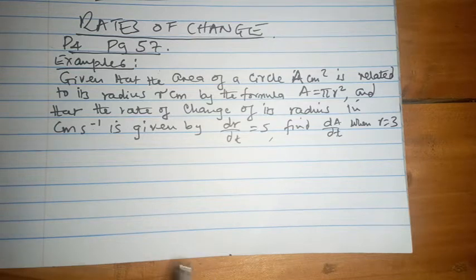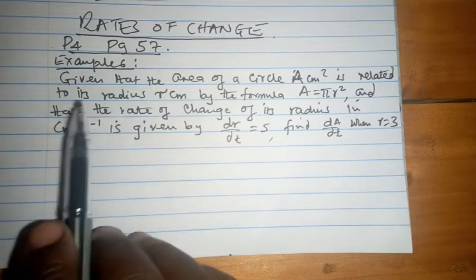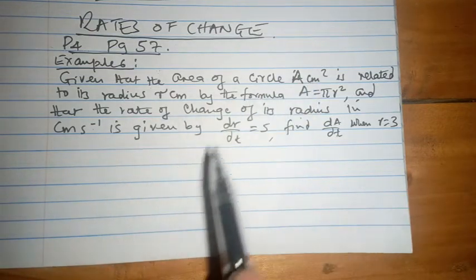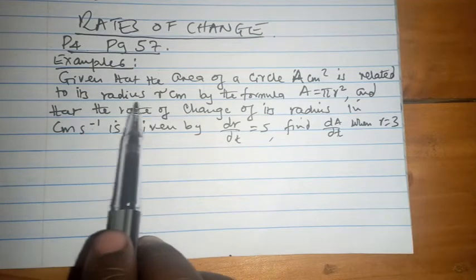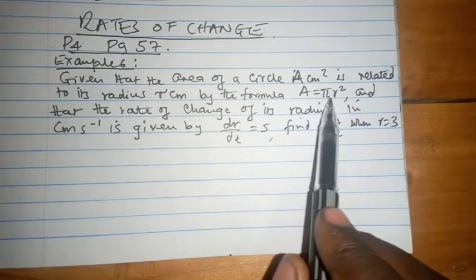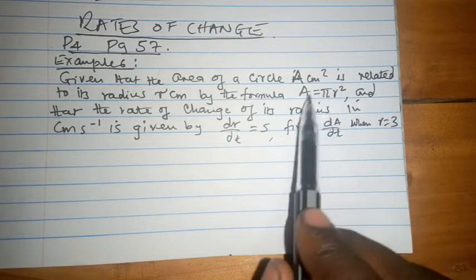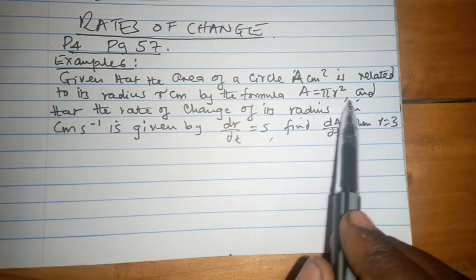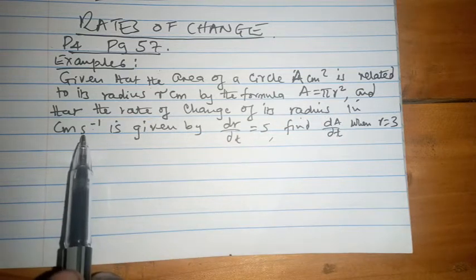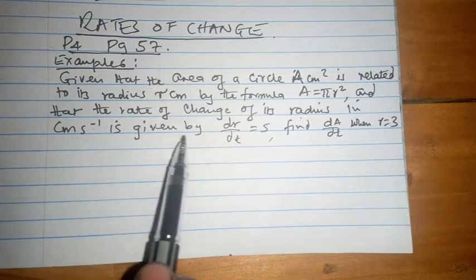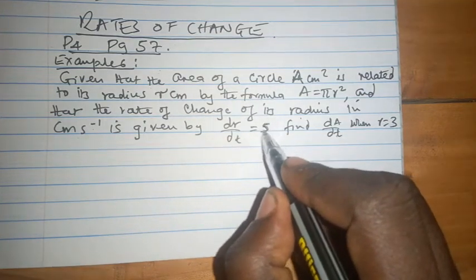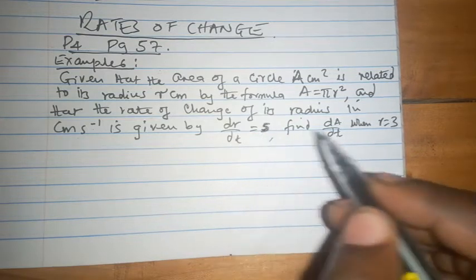For example, in example 6, we are told that given that the area of a circle A centimeter squared is related to its radius r centimeters by the formula A equals pi r squared, and we know this is the formula for the area of a circle, and that the rate of change of its radius in centimeter per second is given by dr dt, which equals 5.